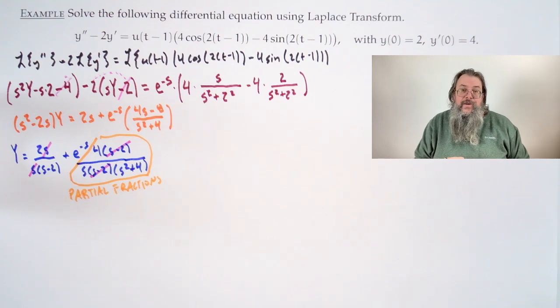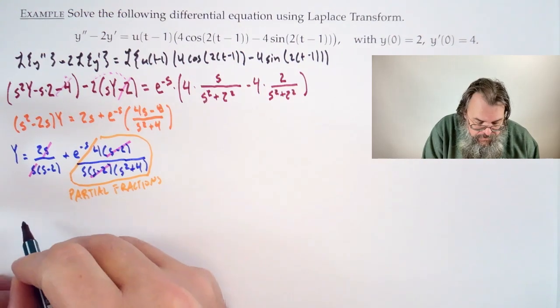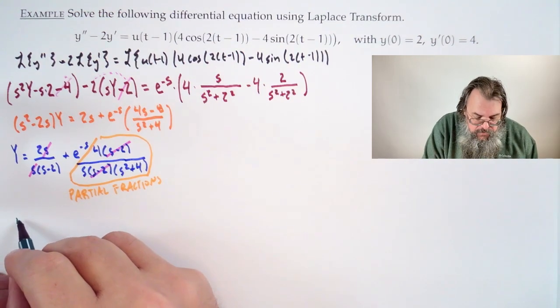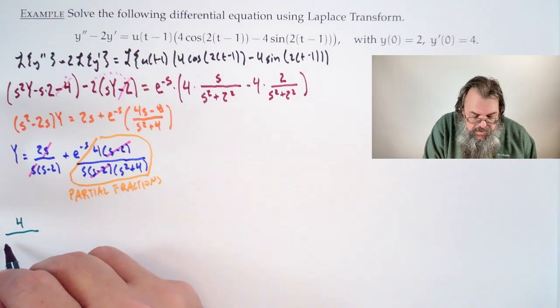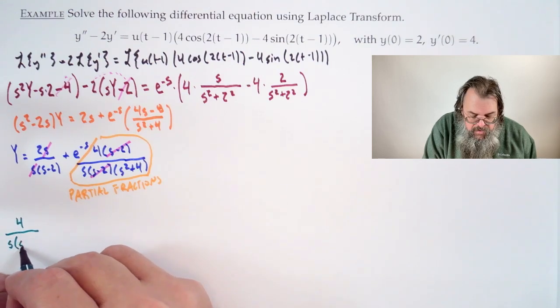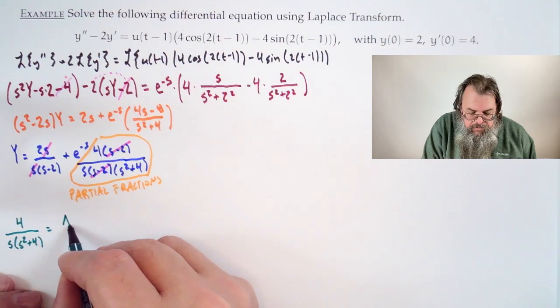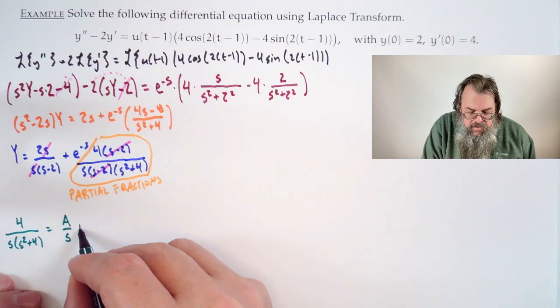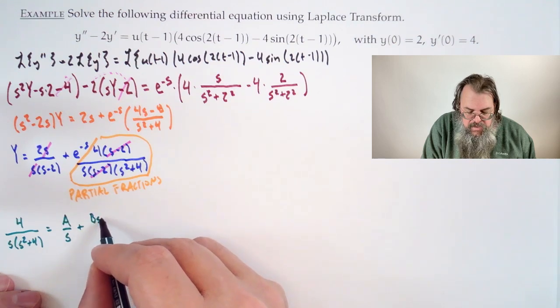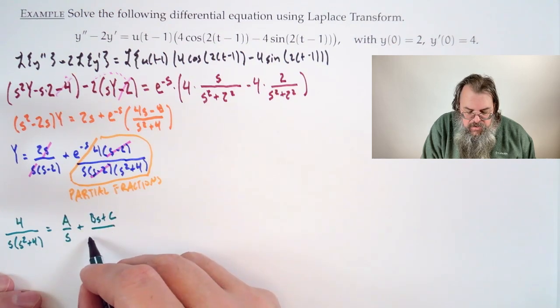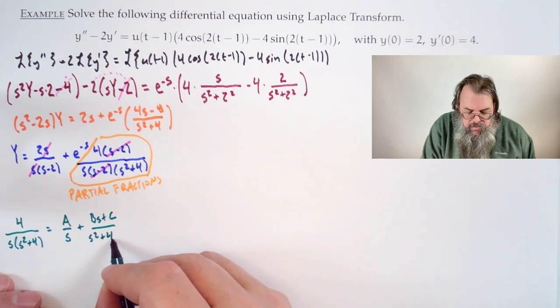All right, so we have the following. 4 divided by s times s squared plus 4. Well, it looks like A over s plus Bs plus C over s squared plus 4.